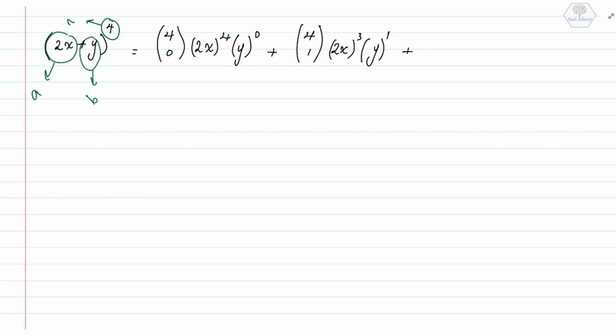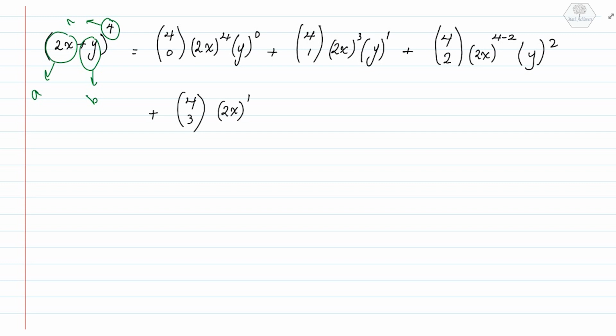Plus, next, 4 combination 2, (2x) to the power of 4 minus 2 times y to the power of 2, plus 4 combination 3, (2x) to the power of 4 minus 3, which is 1, times y to the power of 3, plus 4 combination 4, (2x) to the power of 0 times y to the power of 4.